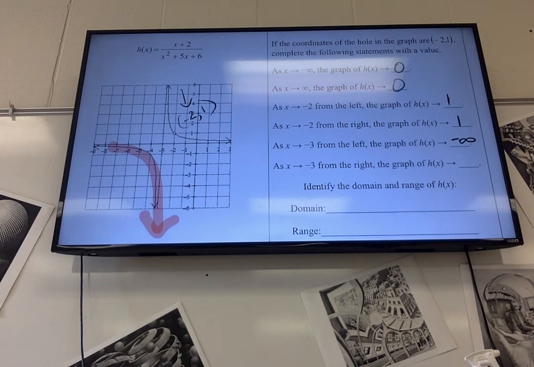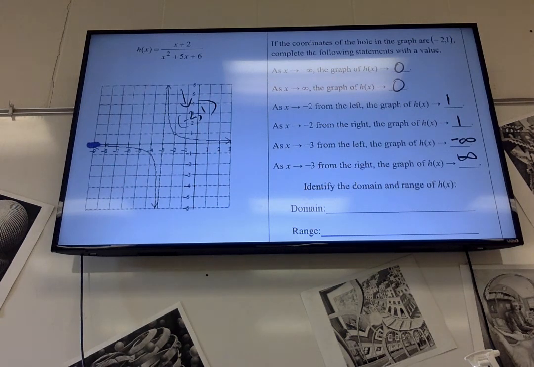What's the next one going to be, you think, Jose? Infinity. Yes, because it's going up. Go ahead and fill out the domain and range. That asymptote is a little bit darker.